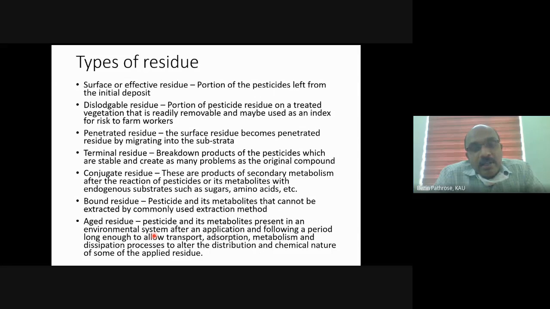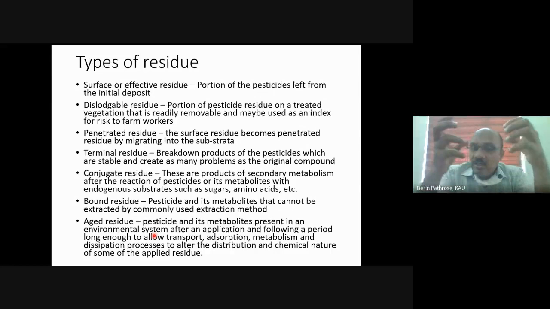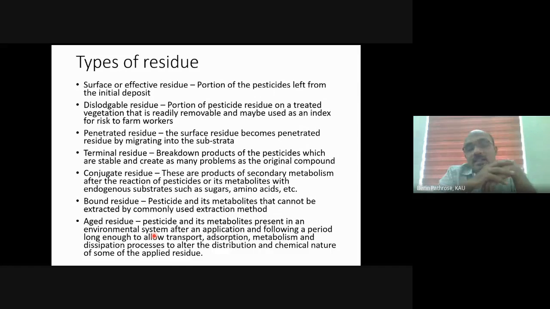If someone has sprayed a pesticide on a crop, and I think you might have sprayed at least one pesticide, even a biocontrol agent, if the spray is a bit excessive, it will start dripping off the leaf surface. After the excess spray fluid drips off, there will be some quantity of pesticide remaining on the treated leaf or plant surface.